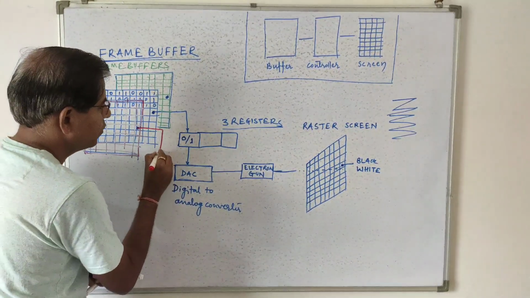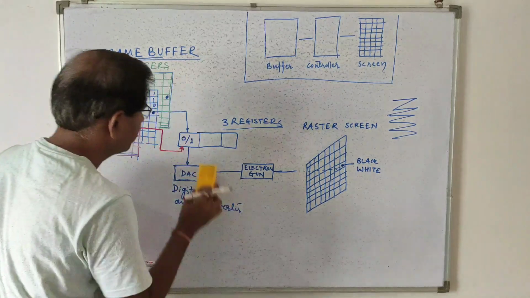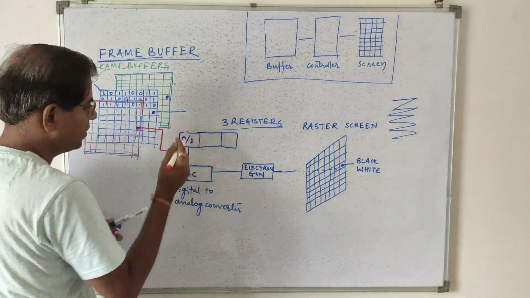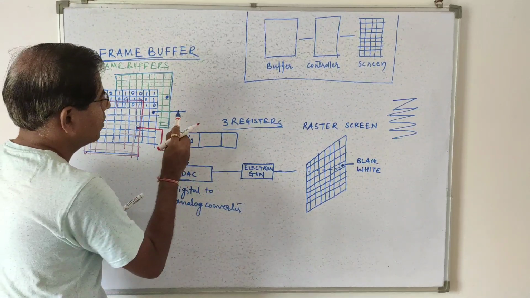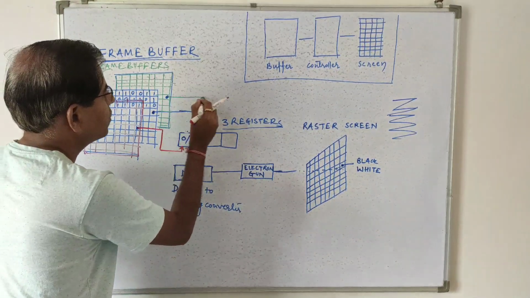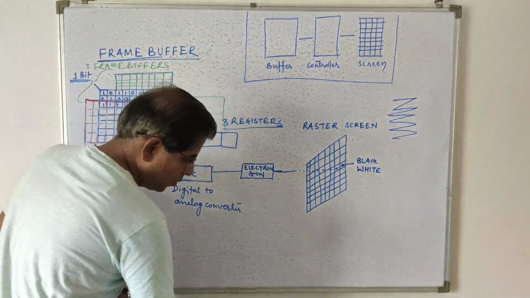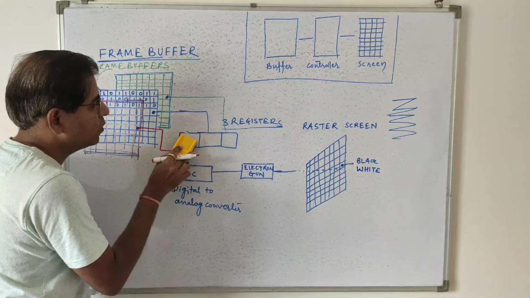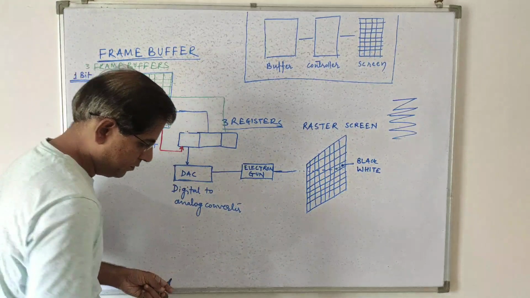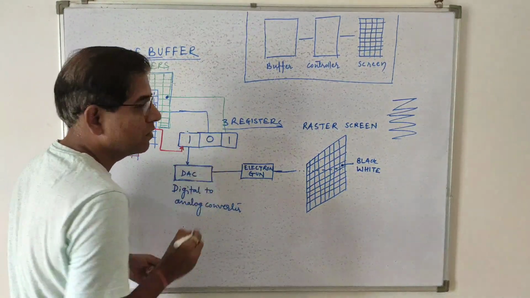So this would go to here. This information goes to here, and this information goes here. So suppose the value stored in this register is say 101.